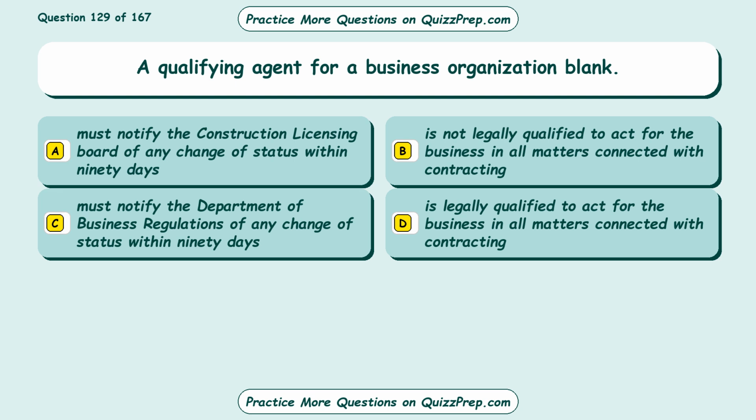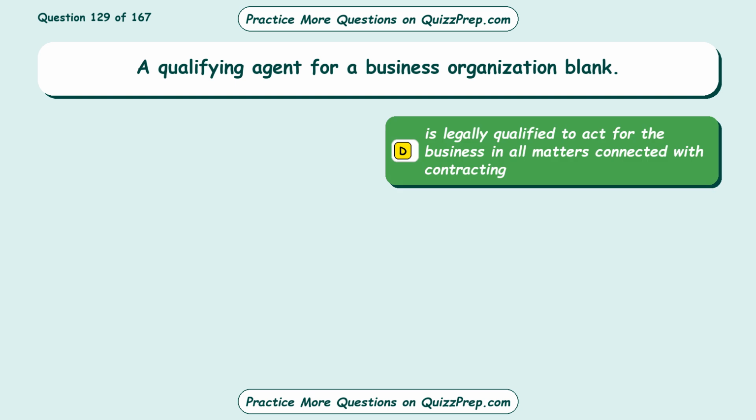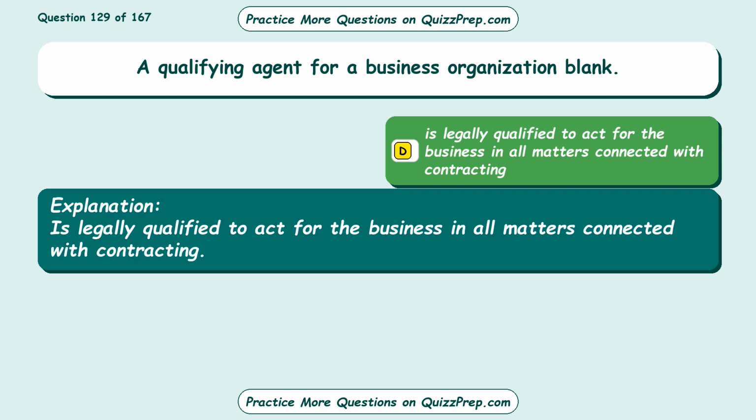Option C, must notify the Department of Business Regulations of any change of status within 90 days. Option D, is legally qualified to act for the business in all matters connected with contracting. The correct answer is option D, is legally qualified to act for the business in all matters connected with contracting.